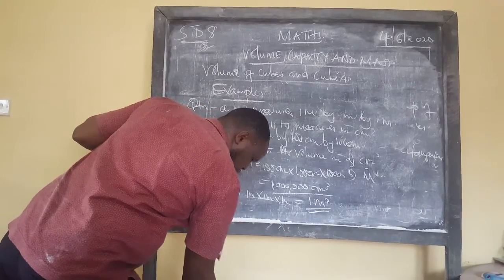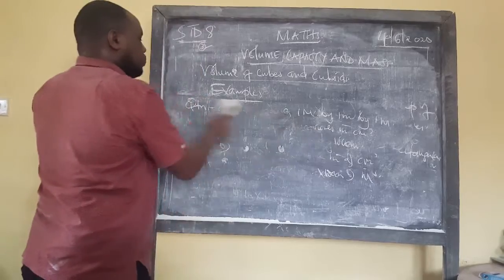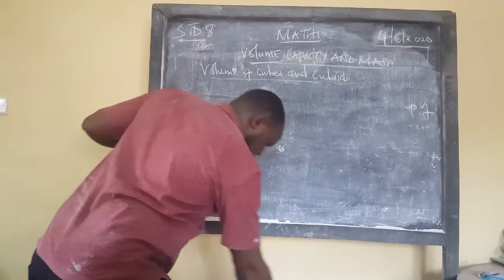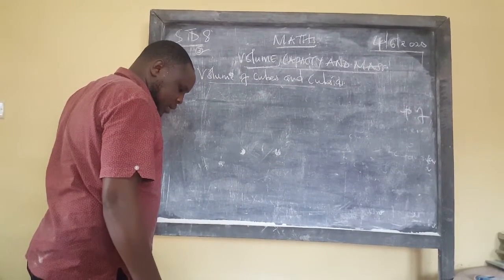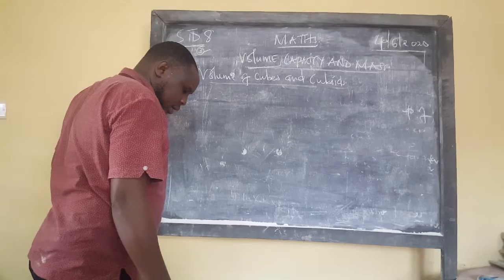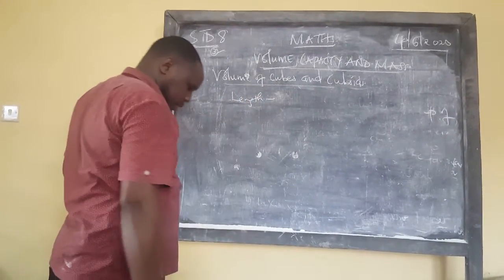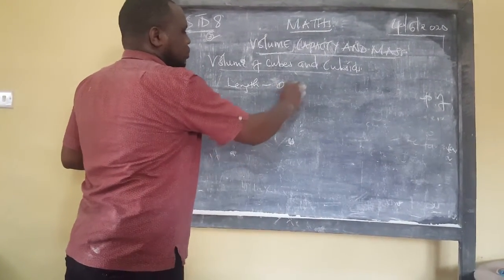So I want to give you another question where you are given maybe the volume and some of the measurements, but you are not given part of the measurements. Like for example, you are given that the length of some shape is 0.6 meters.